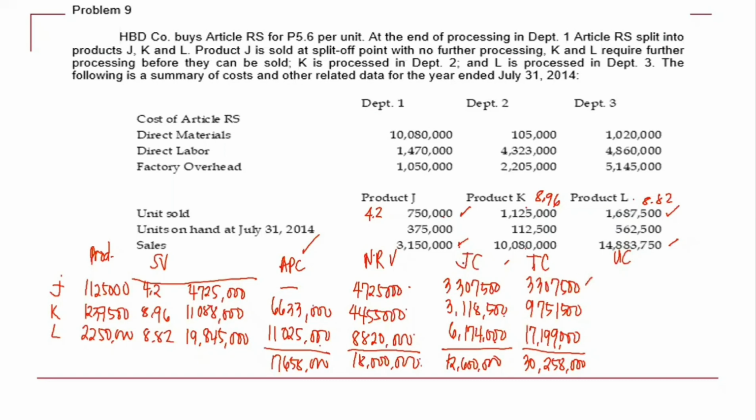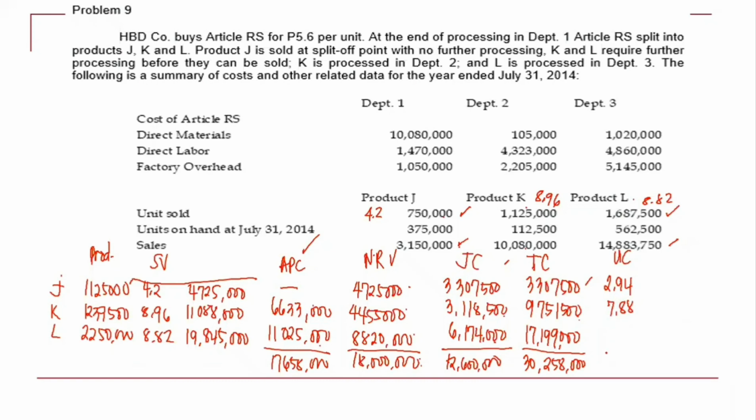So the total cost divided by the number of units sold. 3,307,500 divided by 1,125, it's 2.94. And then for K, it's 9,751,500 divided by 1,237,500 units, it's 7.88.